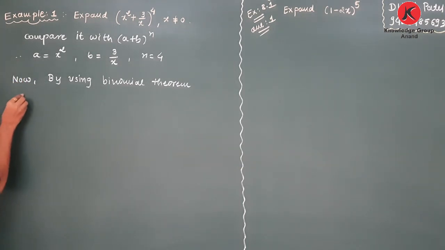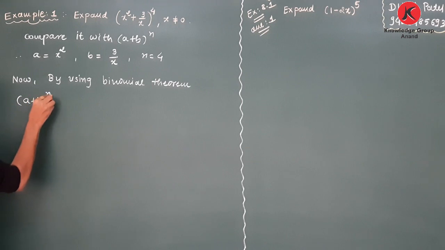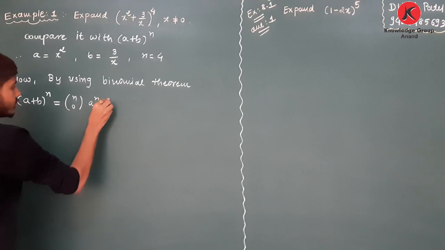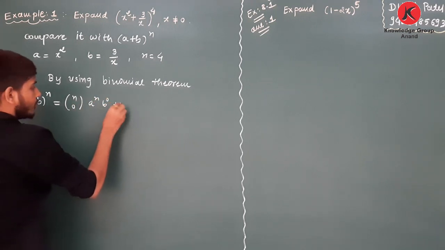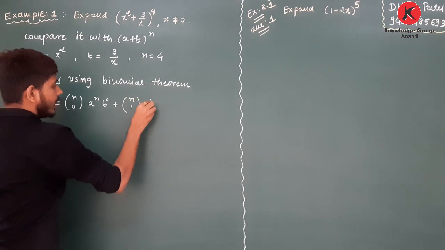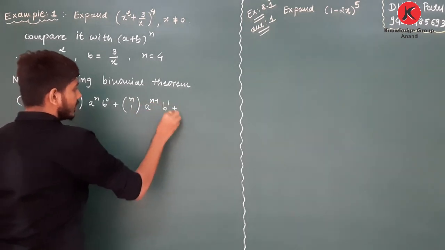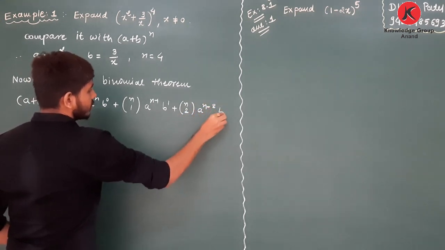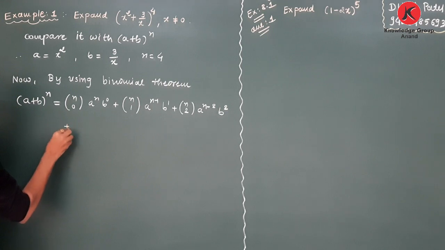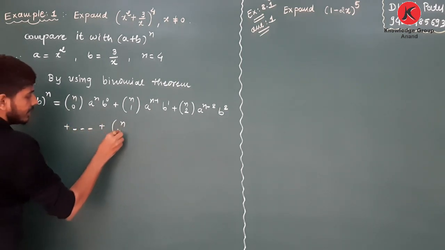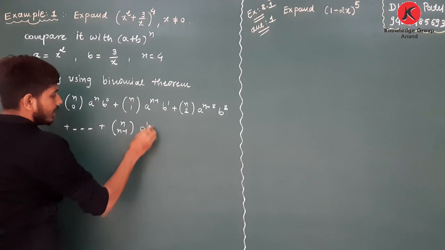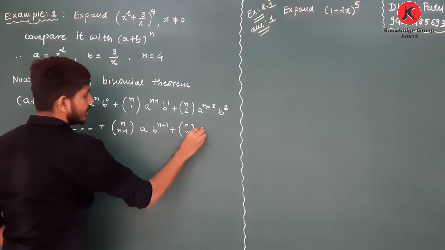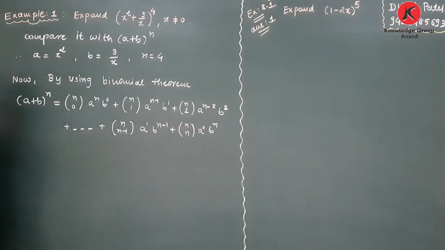First of all, write down the binomial theorem. (a + b)^n equals nC0 a^n b^0 + nC1 a^(n-1) b^1 + nC2 a^(n-2) b^2 + ... up to nC(n-1) a^1 b^(n-1) + nCn a^0 b^n.